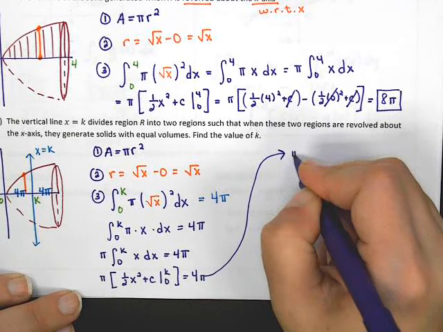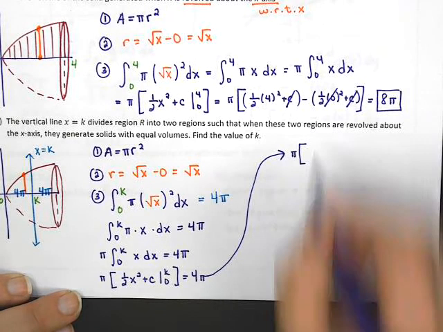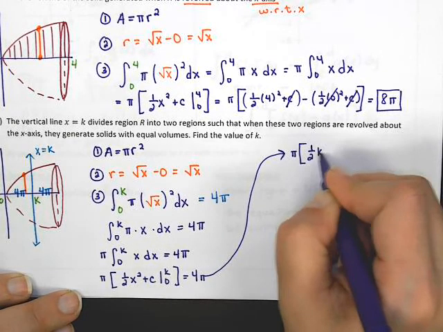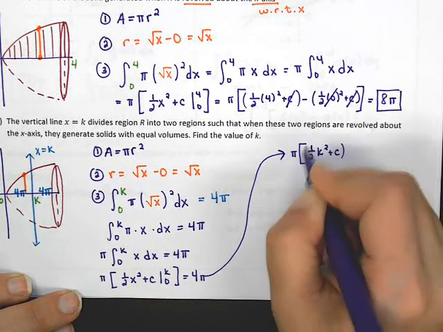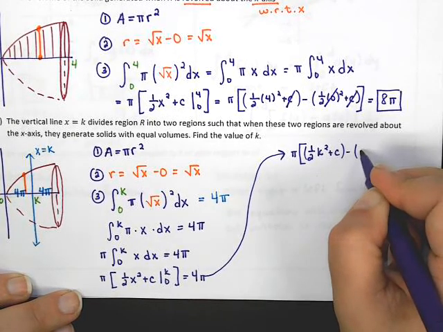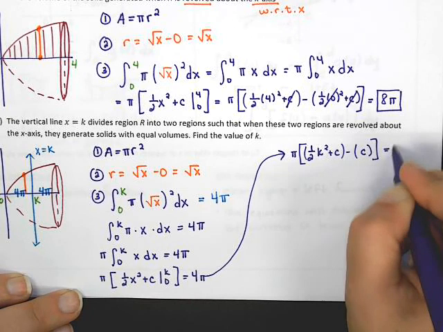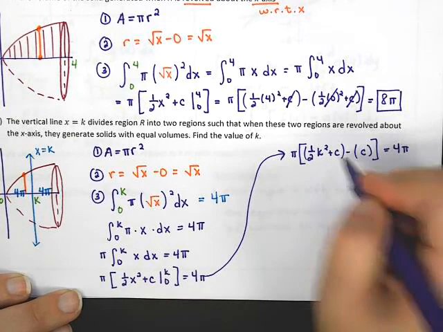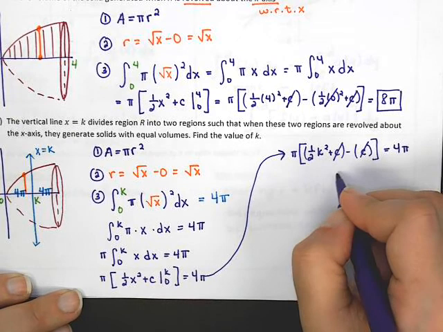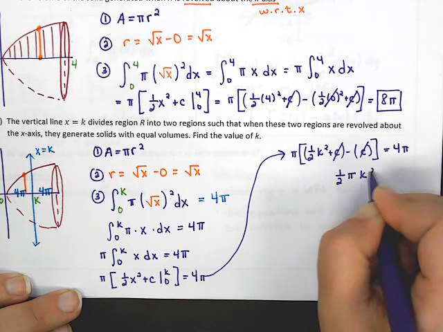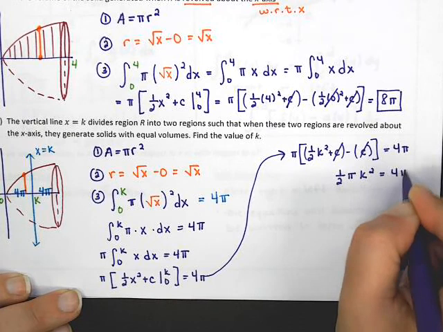So I'm going to have pi times, if I plug in k, 1/2 k squared plus c, minus, if I plug in 0, just c, and I want this to equal 4 pi. The c's are going to cancel, so I have 1/2 pi k squared equals 4 pi.